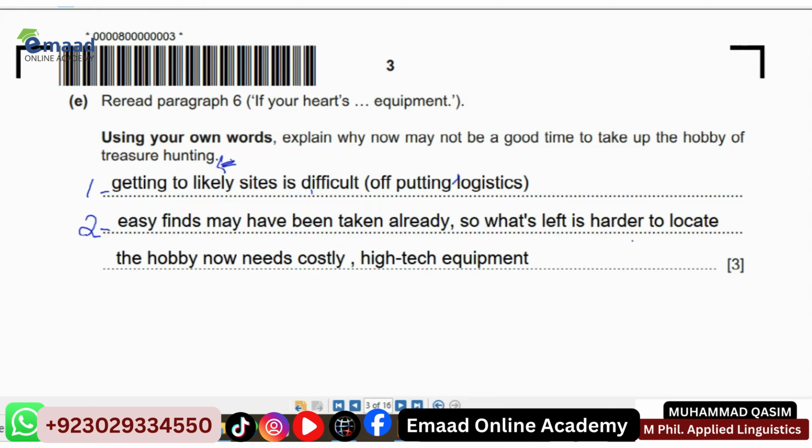So what is left is harder to locate because those metal detectors might already have found all the things that could be easily found there. Third thing is the hobby now needs costly high-tech equipment. Now this hobby needs very advanced and very costly equipment to carry out all this.